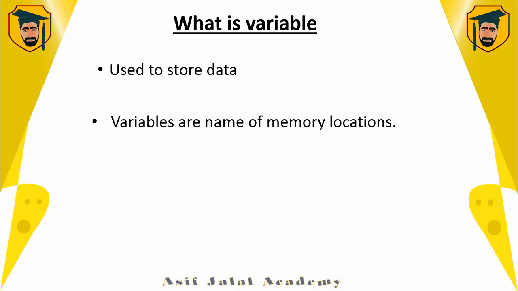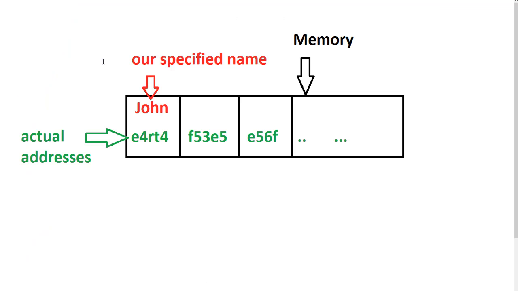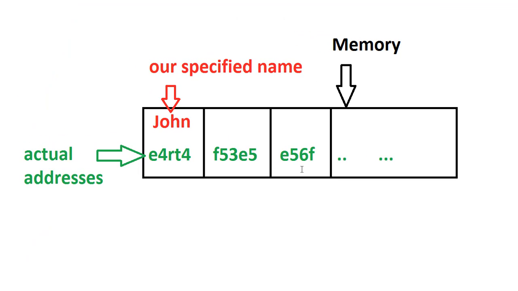In programming terms, variables are names of memory locations. For example, the black boxes displayed on your screen are the memory, and the green text shows the actual addresses of these memory locations. It is very difficult to specify the actual addresses of memory for storing data. So what we do is give them a label, like John.